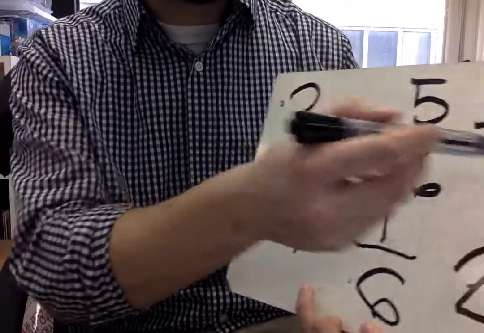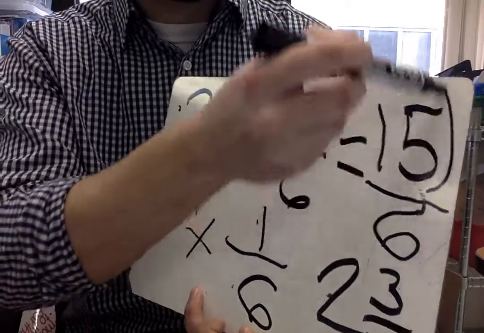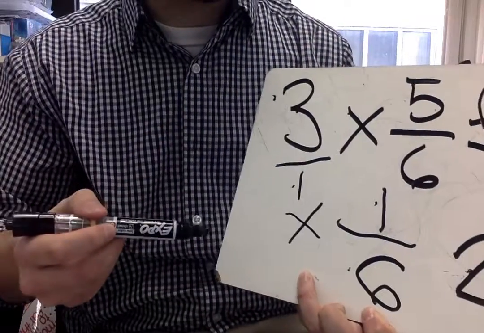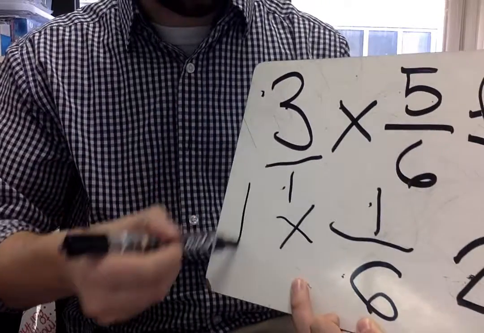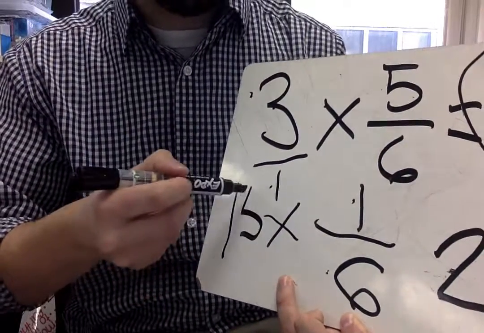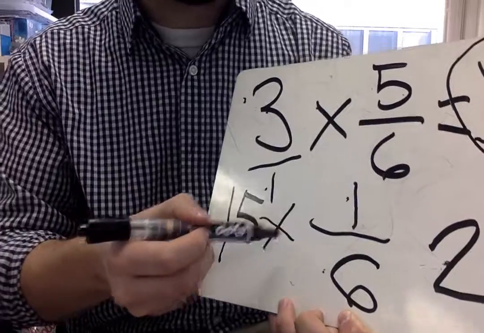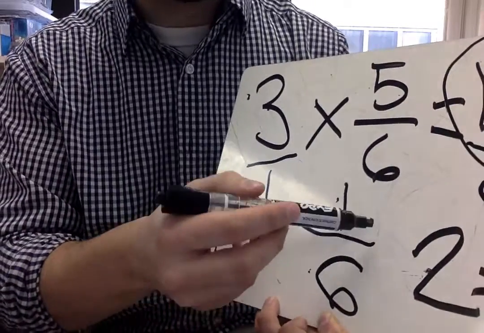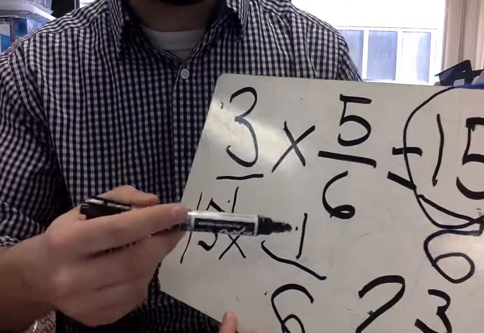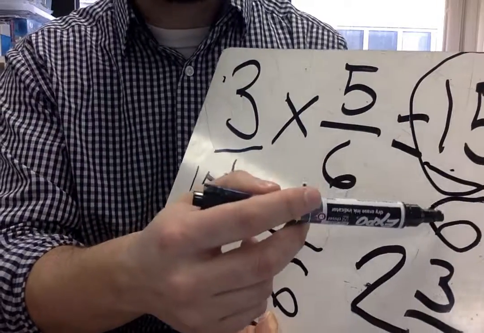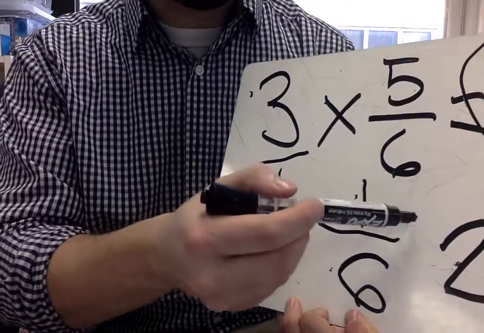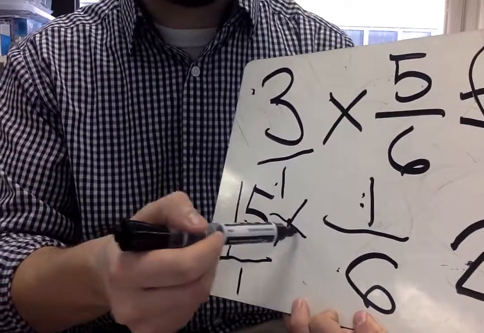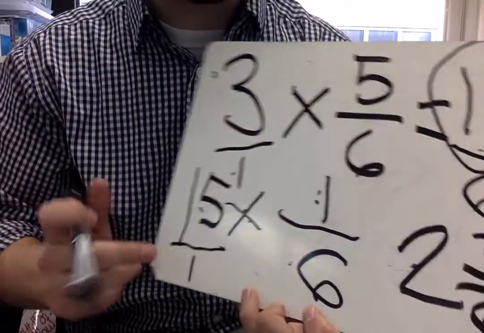I know my whole number is going to be the numerator of my answer, which is 15. So 15 multiplied by 1/6 is also equivalent to 15/6. If that's secret agent 1, 15 times 1 is 15, 1 multiplied by 6 is 6, 15/6.